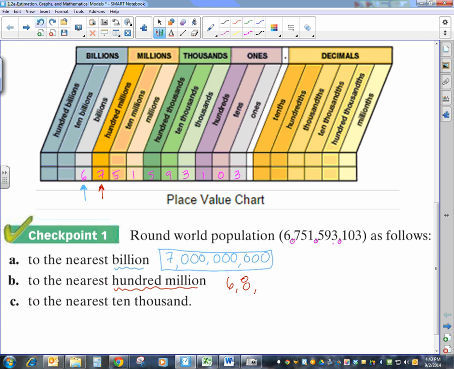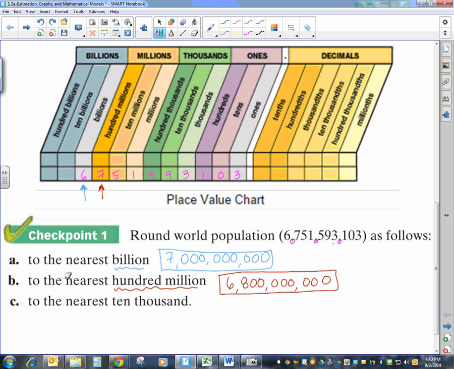Add 1 to it, and then everything after it is zeros. So this became 6,800,000,000. This became 7 billion.